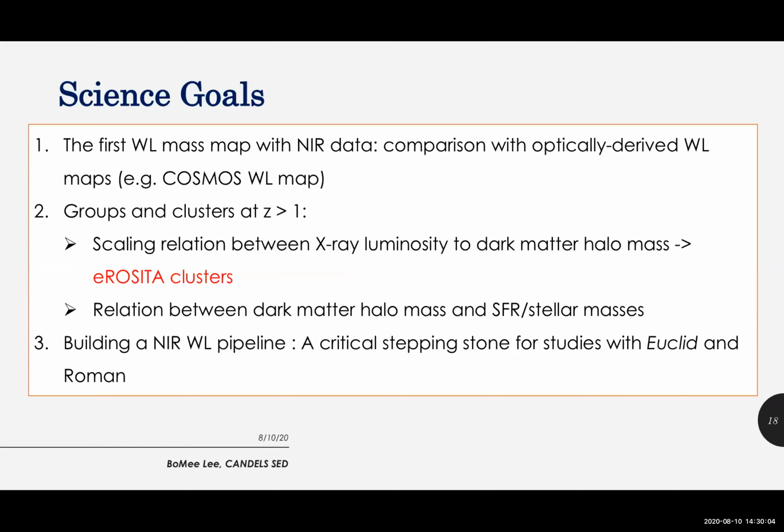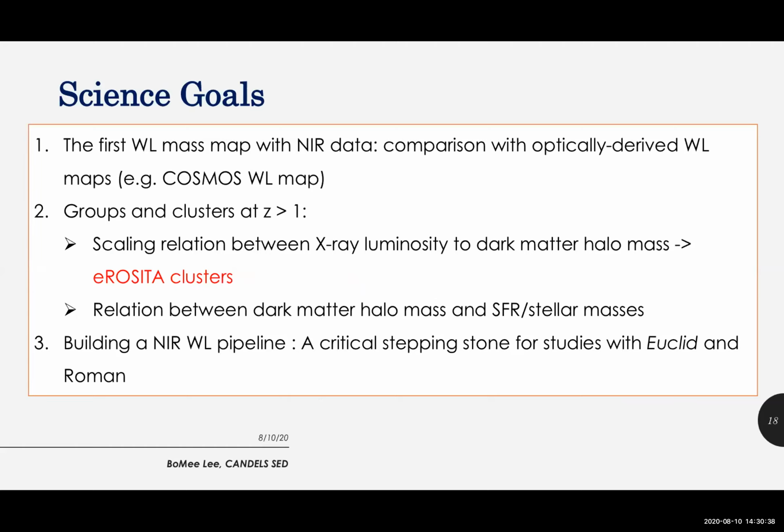Through this project, first, we aim to derive the dark matter distribution in the COSMOS and CANDELS fields, including a careful accounting of systematics that affect weak lensing measurement. Even though this project covers a much smaller area than previous optical weak lensing studies, the depth, spatial resolution, and longer wavelengths of WFC3 imaging trace components of emission from the galaxy populations that are less affected by shape noise, especially at redshift greater than 1.